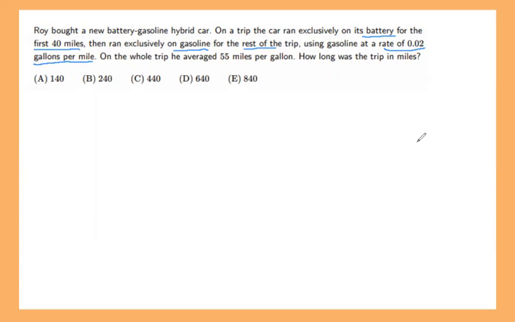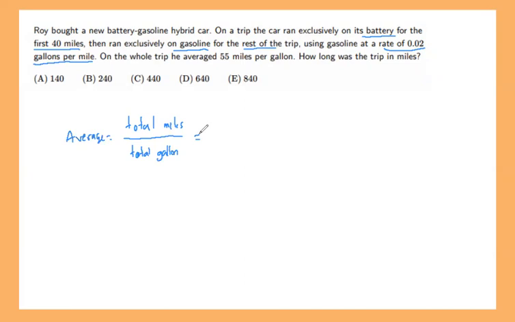Okay, so it's a bit interesting because all these are kind of mixed. But we are told the average is 55 miles per gallon. So I can just take the average is equal to total miles per total gallons of gas.